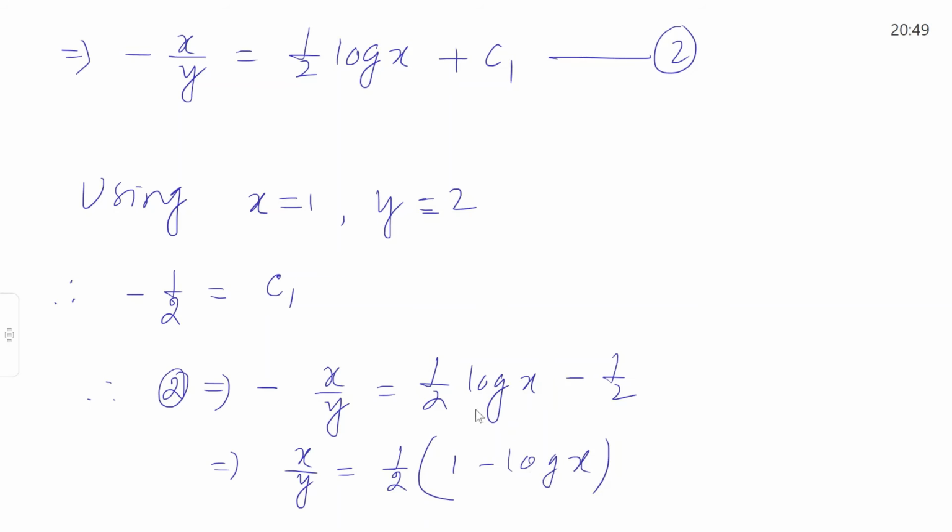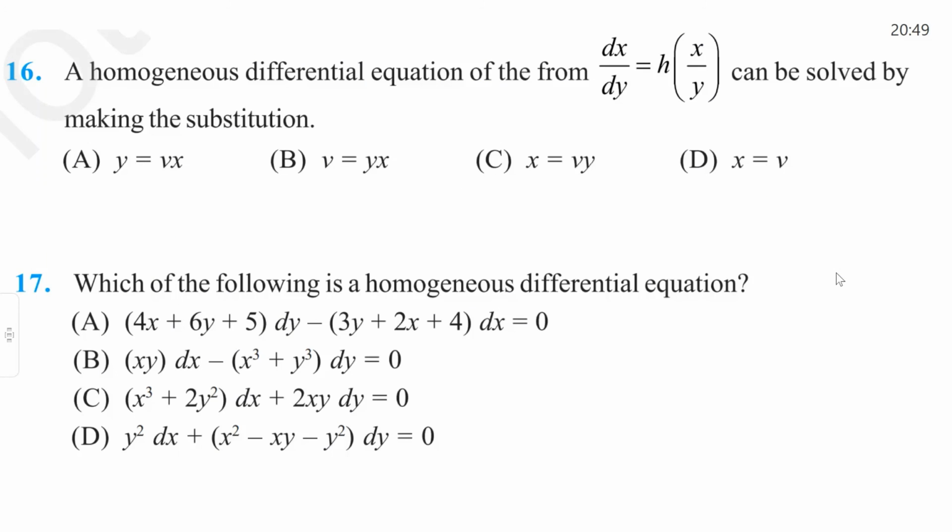I have taken the product here, and also you can write this equation's solution as x is equal to y by 2 into 1 minus log x. Writing it this way is also fine, no problem; you can also take the upper line. So this is the solution of the problem.